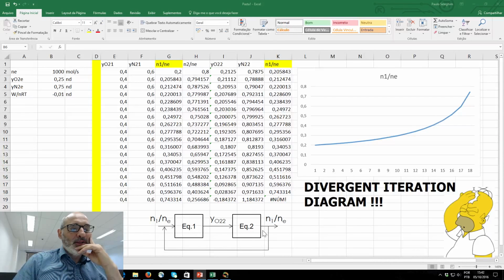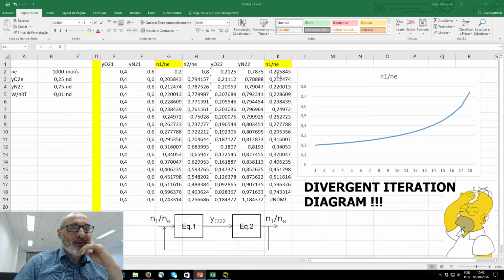And when we replace this variable here, YO2 at exit number 2, and insert that into equation 2, we get this estimate of N1 divided by Ne. And the idea is to replace, to iterate.